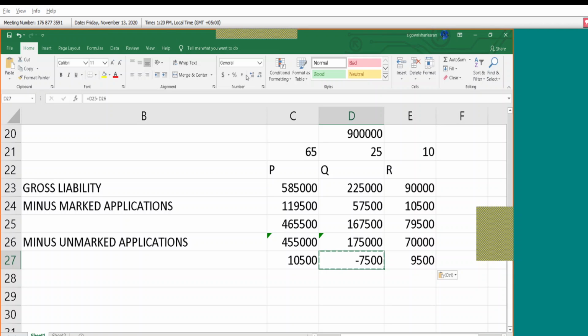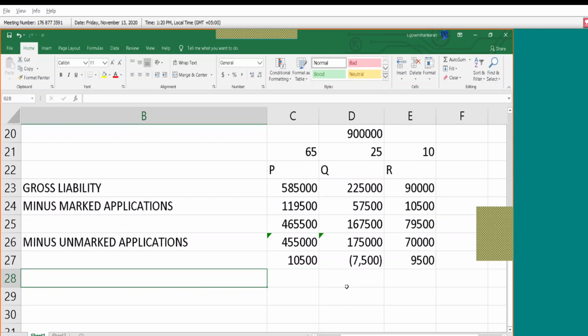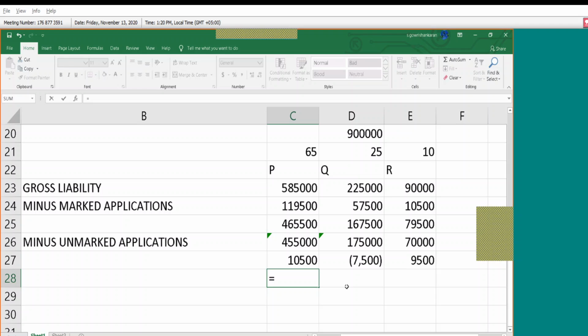Correct? So this excess application should be shared between P and R in their ratio 65 is to 10. So 7,500 divided by 75. Why 75? 65 plus 10.